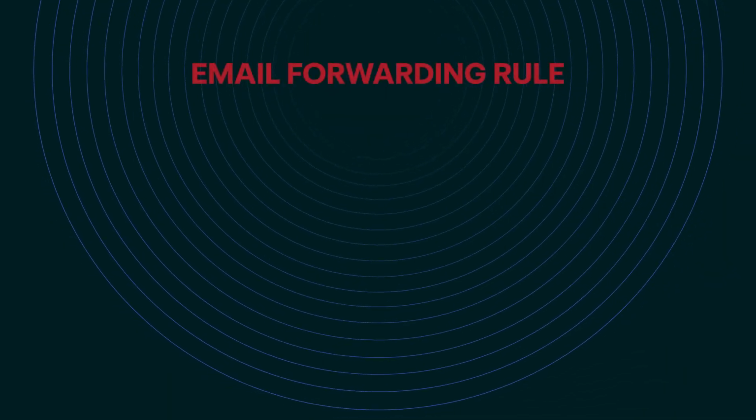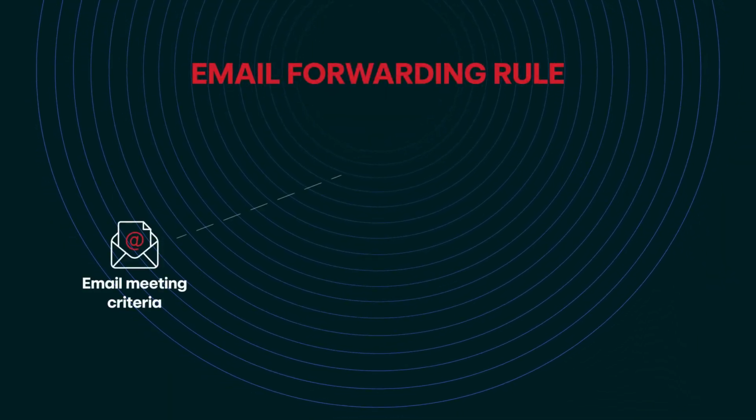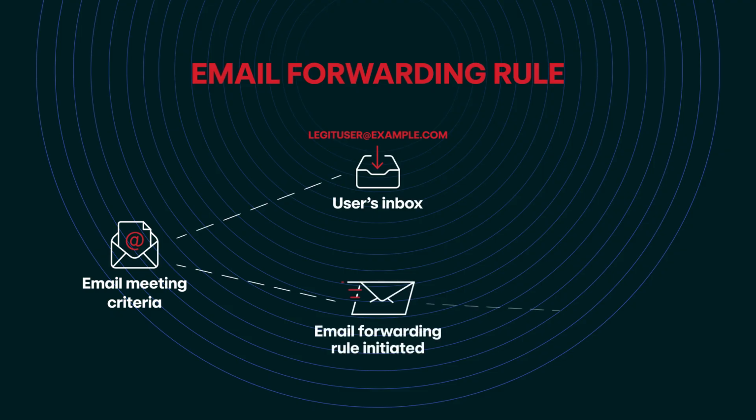For email forwarding and email hiding rules, this gets into very interesting incidents where an adversary will log into someone's Microsoft 365 or G Suite email, and they'll configure an email forwarding rule to send certain emails that meet a certain criteria to an adversary-controlled mailbox.